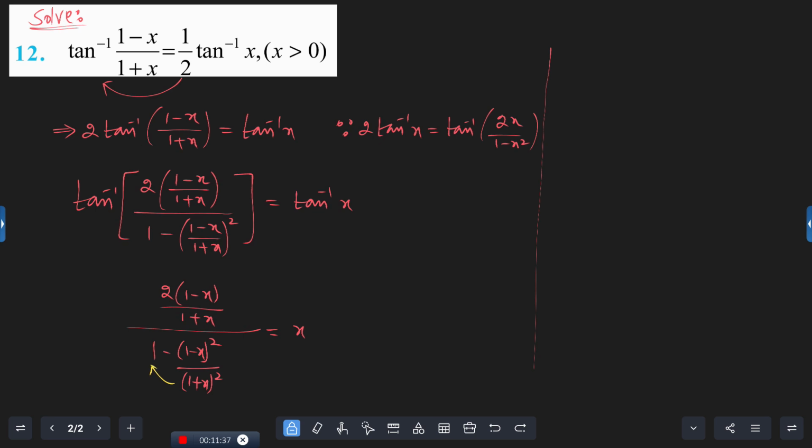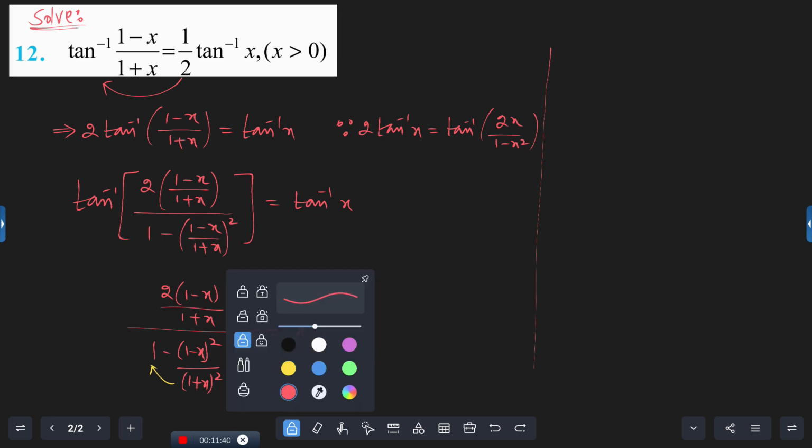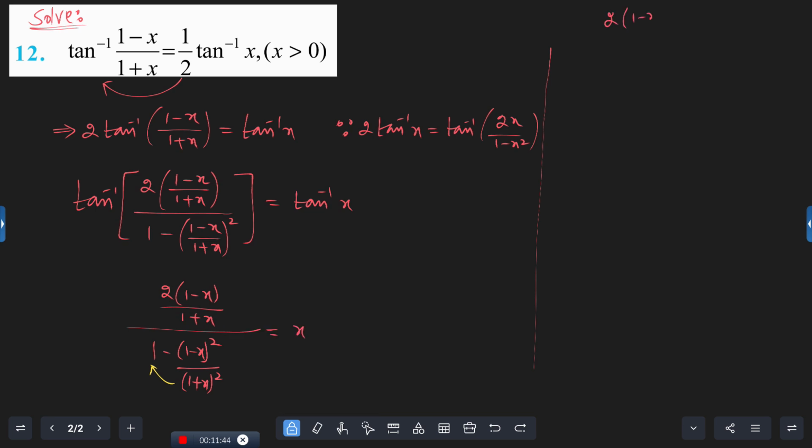Before that, apply the (a plus b) whole square formula. In the numerator we have 2 into (1 minus x) divided by (1 plus x). In the denominator we have 1 into (1 plus x) whole square minus (1 minus x) whole square, whole divided by (1 plus x) whole square, equal to x.